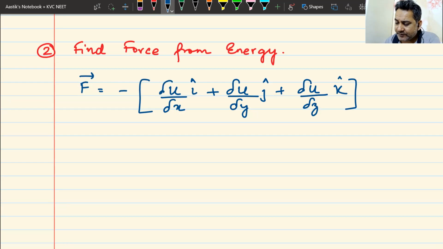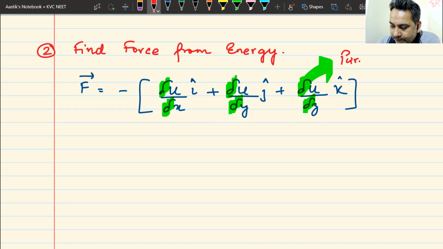This del is known as the partial derivative. Wherever you see this del, it is known as the partial derivative.